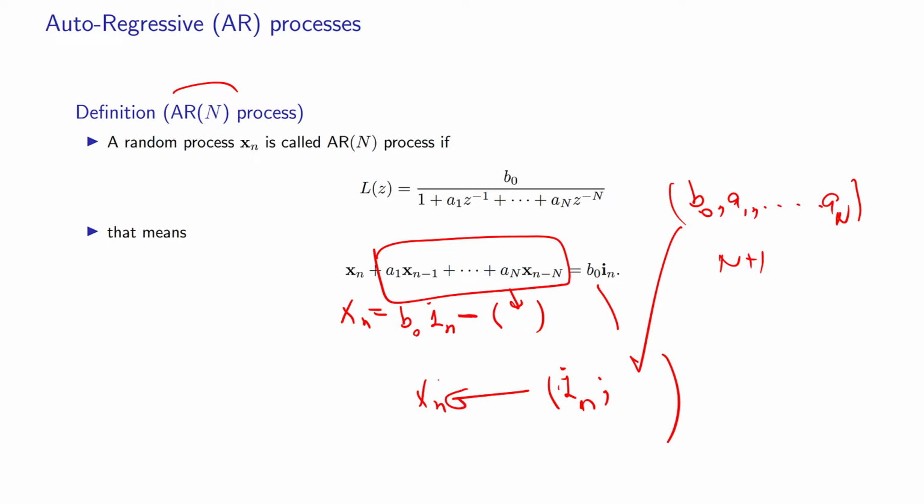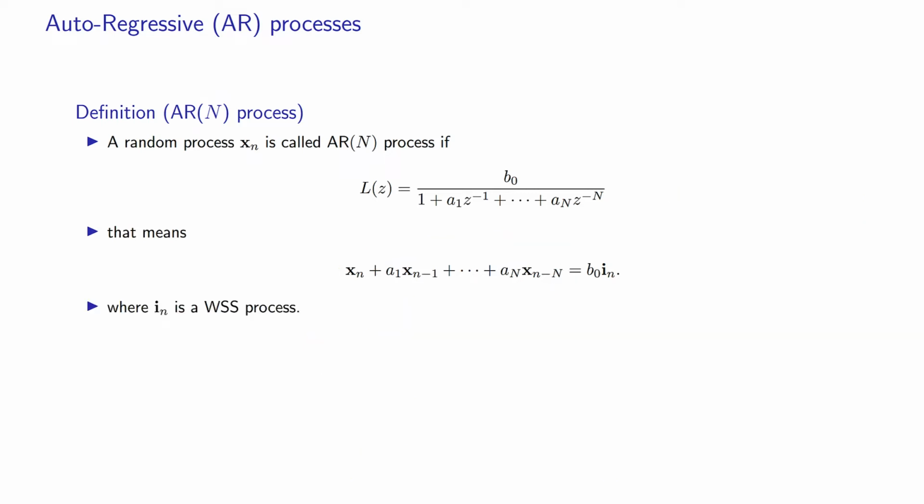Similarly, if you have X of n and your parameters, using this equation you can calculate I of n, just divided by B naught. So this relationship between I of n and X of n is 1 to 1.